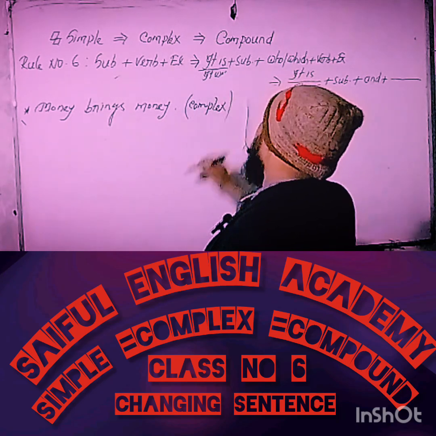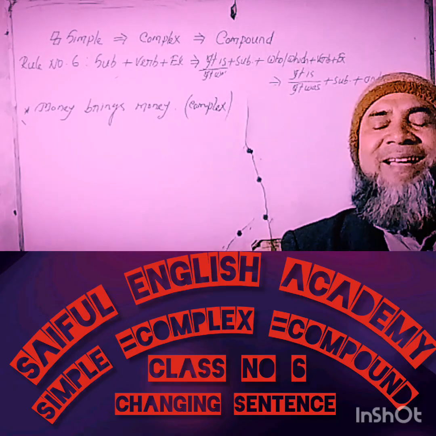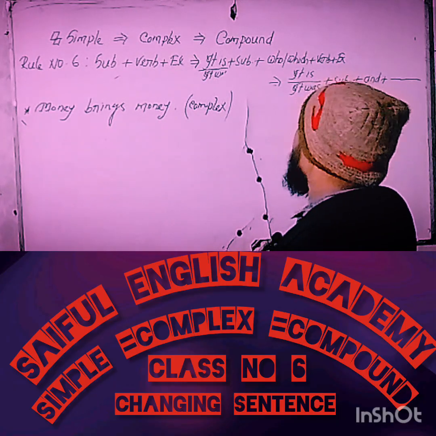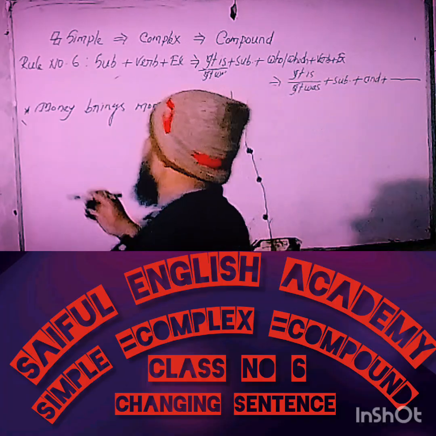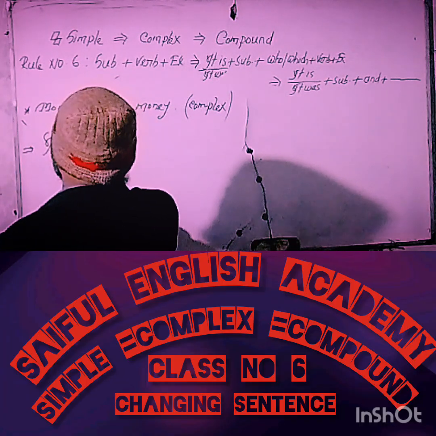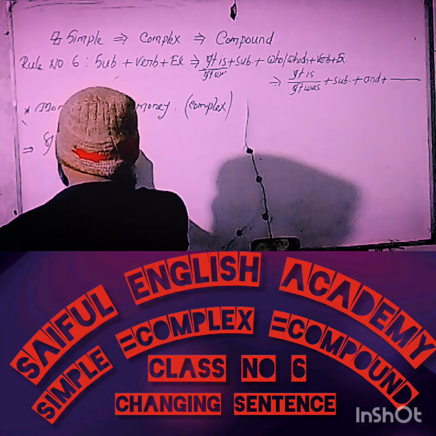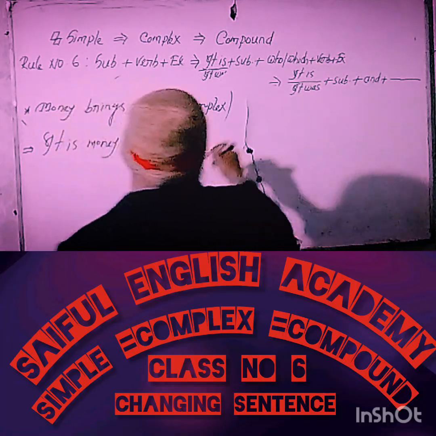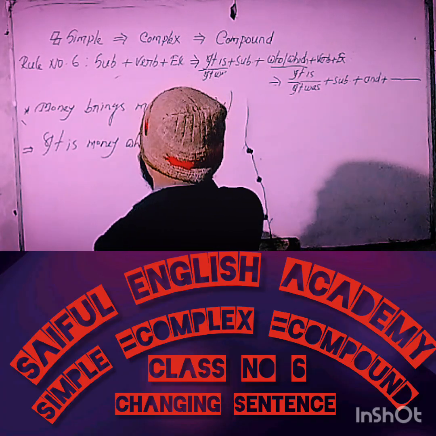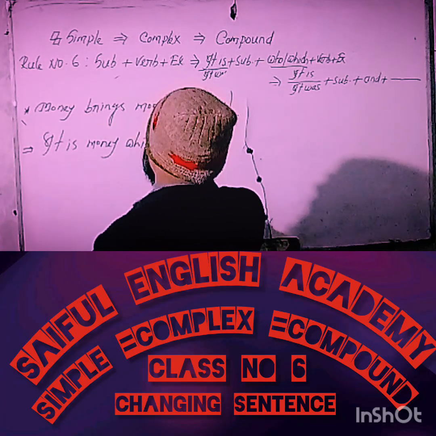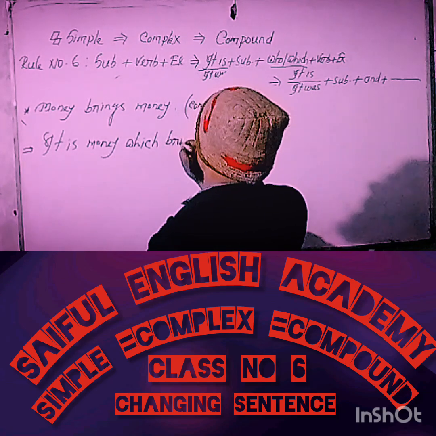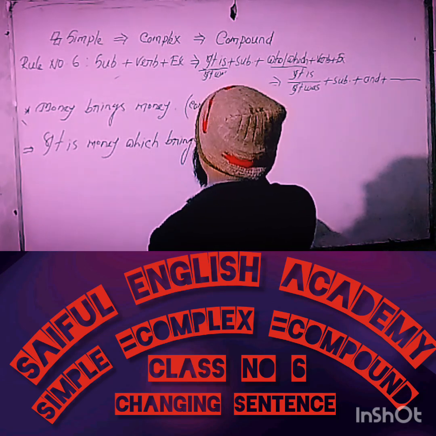In this case, what steps should I follow, my dear learners? You will have to use only "it is" before the subject. So, write down it is, then subject, then relative pronoun who or which. In this case, which will be used, which then extension brings money.